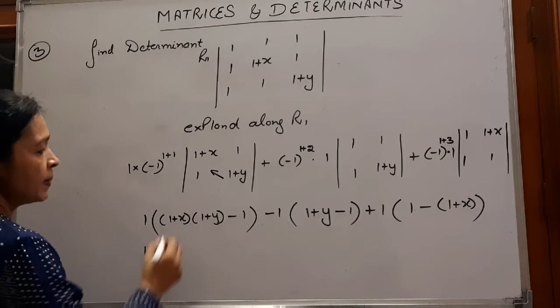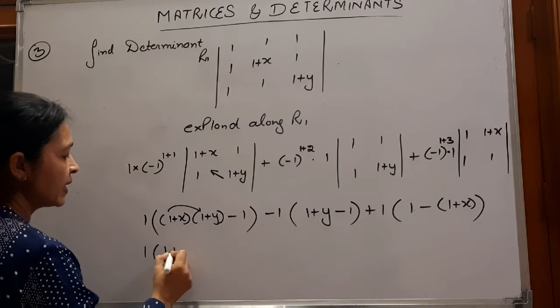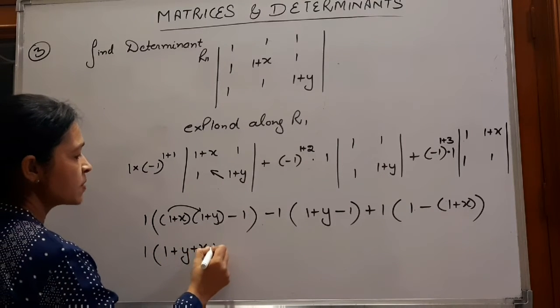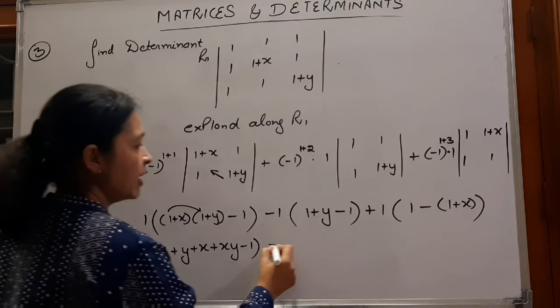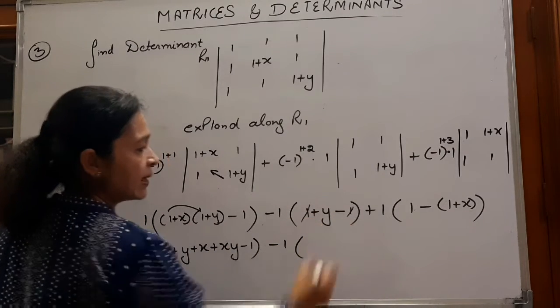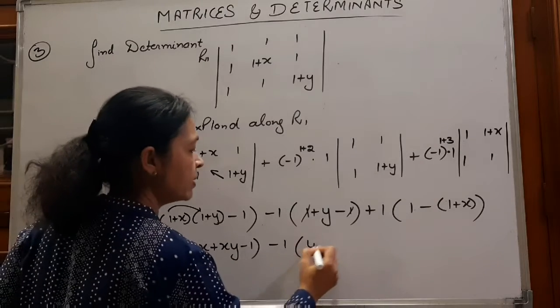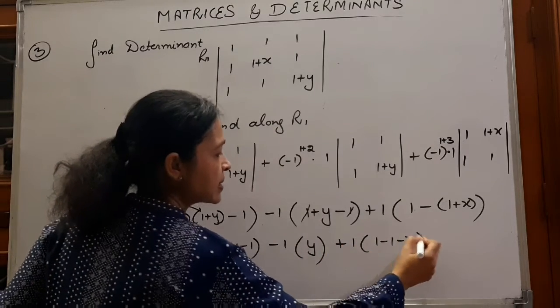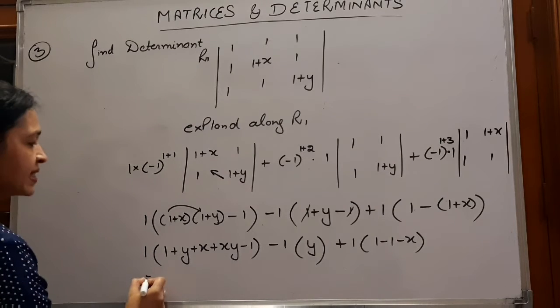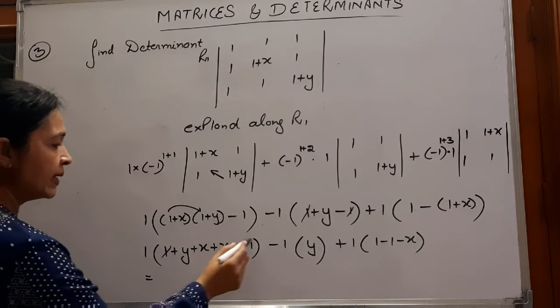1 plus x into 1 plus y, multiply 1 with 1, we will get 1 plus y plus xy minus 1. Here we have minus 1, 1 and 1 get cancelled. We are left with y plus 1, 1 minus x. What is left with us? 1 and 1 get cancelled.